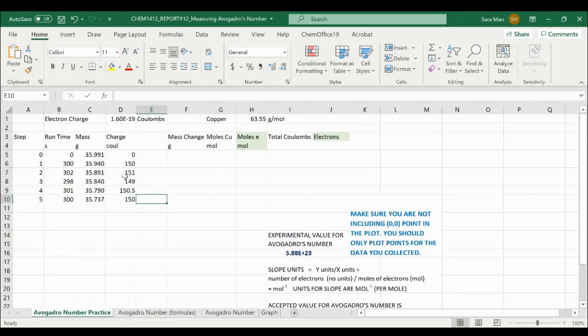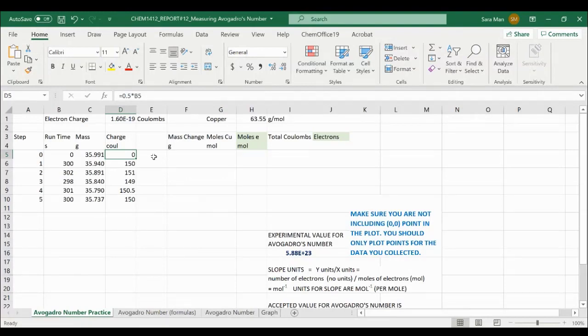And the charge in coulombs, what we have to do in this one is basically multiply. Remember I said that we have to multiply the average current, that is 0.5 amps, by the time.